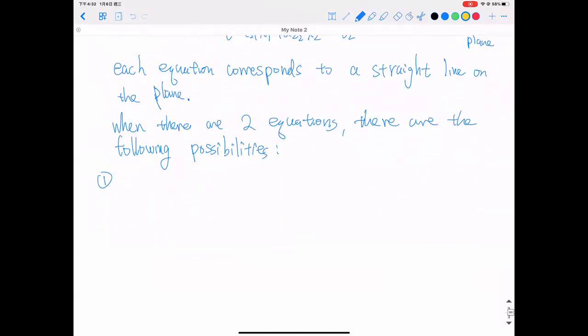So let's first of all draw the x1, x2 axes, and I have 2 equations, 2 lines. Typically they look like this: you have two lines, one line for each equation. And now there's this point here on both lines.